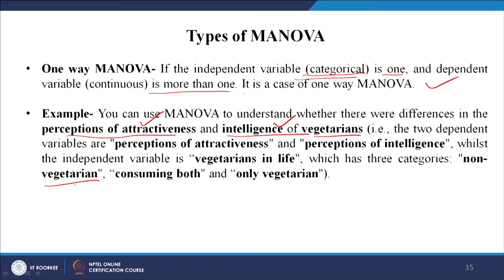So, when I have such a kind of study, my attractiveness is measured as a continuous variable, intelligence is measured as a continuous variable, but the food, the independent variable which is affecting this, is measured as categorical, 1, maybe 2, maybe 3. So, when I have this case, it is a one way.